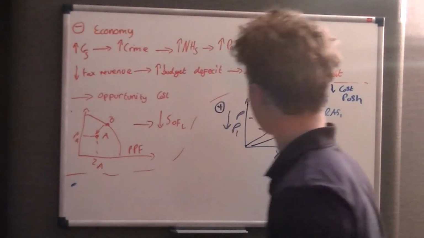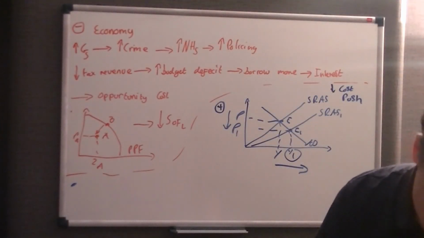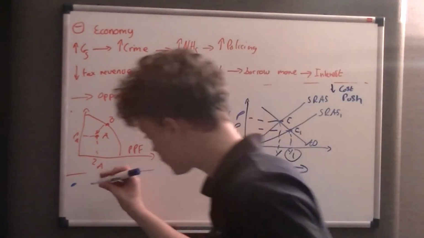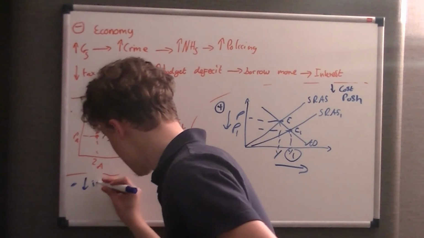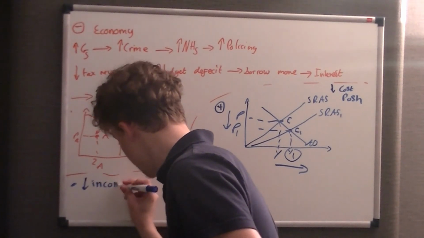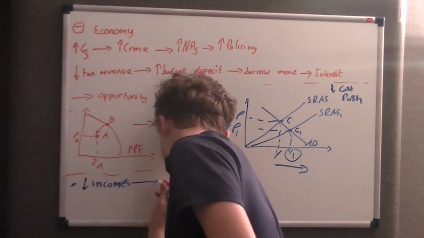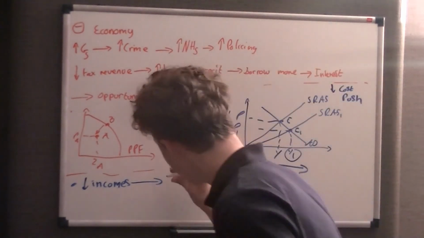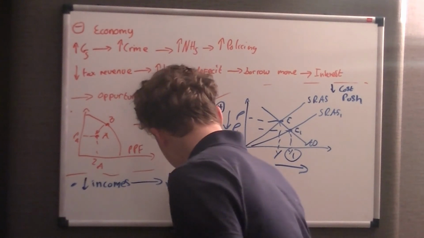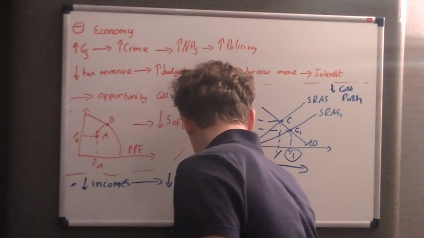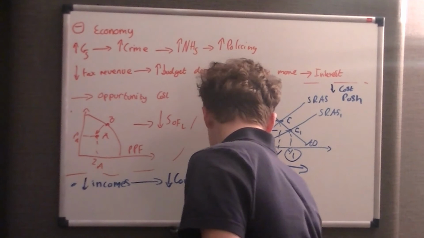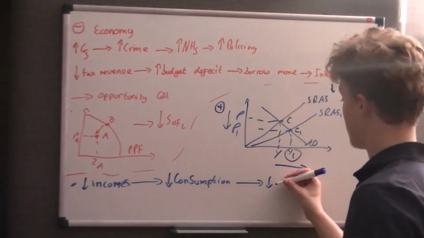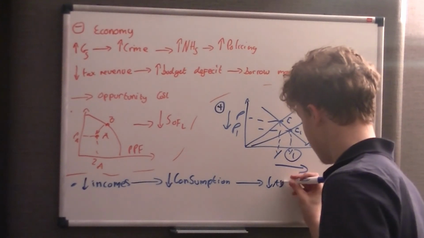However, as another advantage, when unemployment increases, incomes decrease. How could incomes decreasing possibly be an advantage? Well, if consumption falls, we know consumption depends on a consumer's income. So if consumers' income decreases, we decrease consumer spending, which decreases aggregate demand.